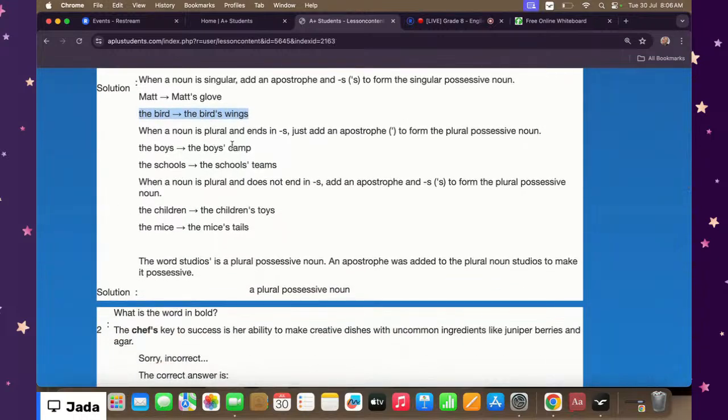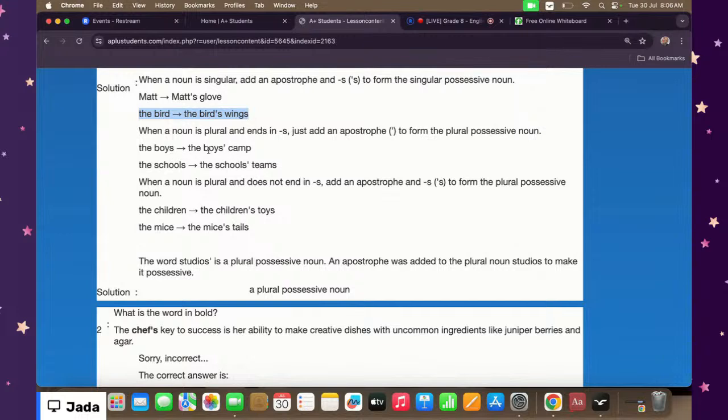Where the noun is plural and ends in s, just add an apostrophe to form the plural possessive. So the noun is already in the plural form. Usually, you know that the plural form ends with s. Because there's already an s, all you need to do is add the apostrophe after the s.